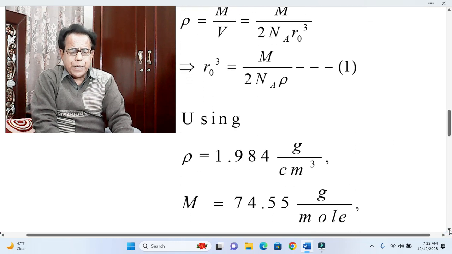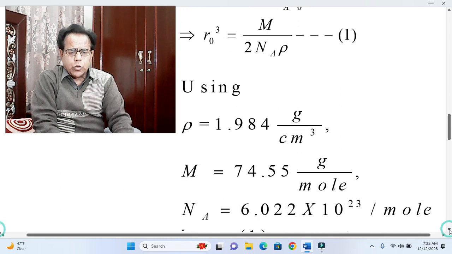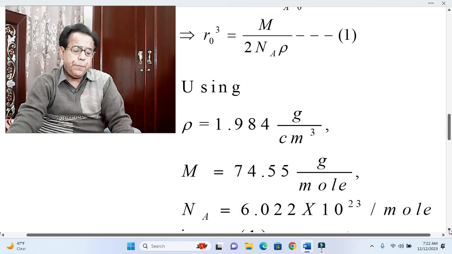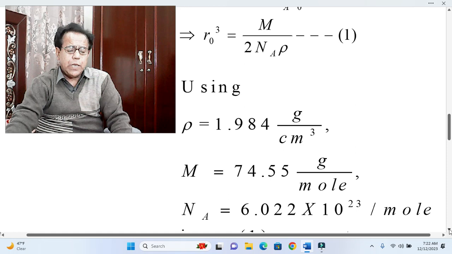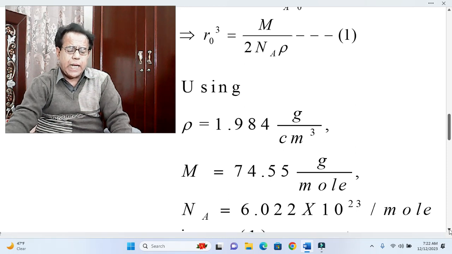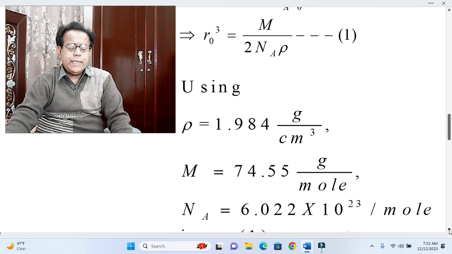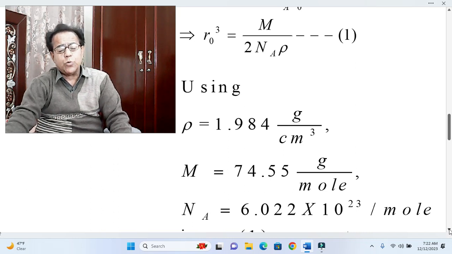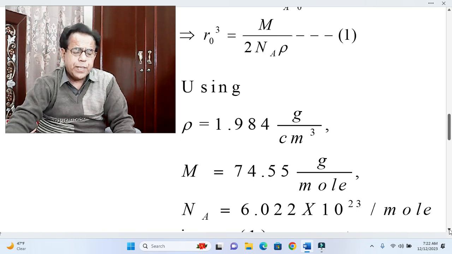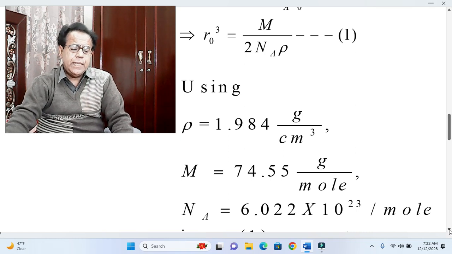Now in this expression we will use these values. Using rho equal to 1.984 gram per cubic centimeter. This density is not only given in the statement, but also there are a lot of tables in the books of solid state physics in which this value is given.